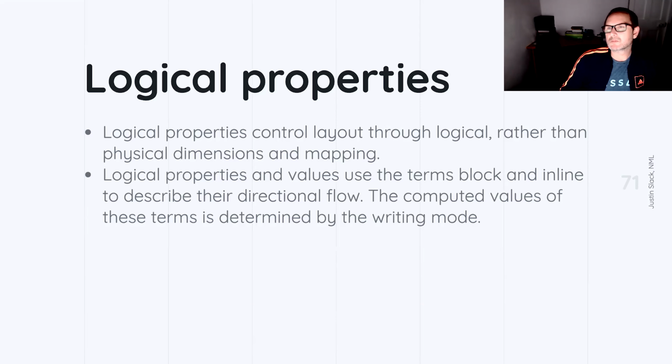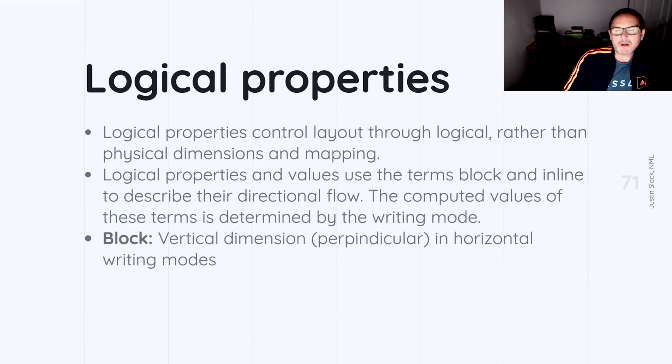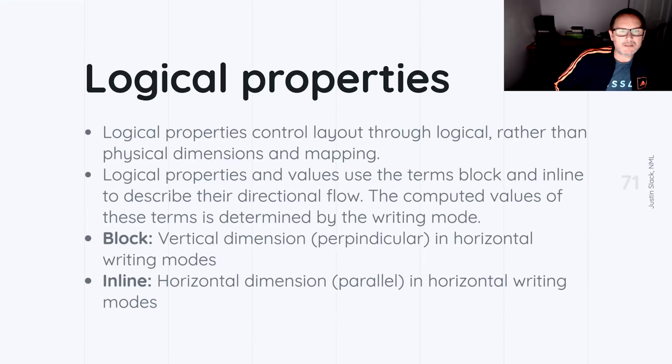And again, I'll show some examples of this. For block, we're talking about a vertical dimension, perpendicular in horizontal writing modes like English, and inline, we're talking about a horizontal dimension or parallel in horizontal writing modes.